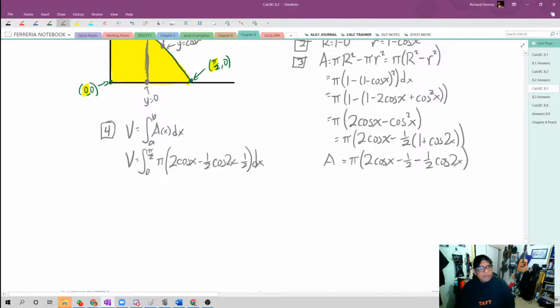All right, now the integral stuff is going to be easier. So this is pi. The antiderivative of cosine is negative sine. The antiderivative of cosine 2x is negative 1/2 sine 2x.